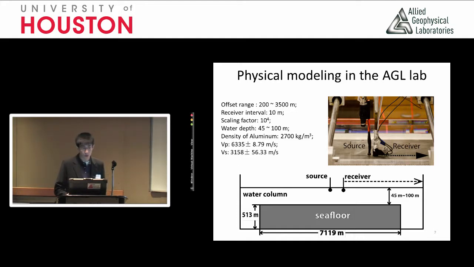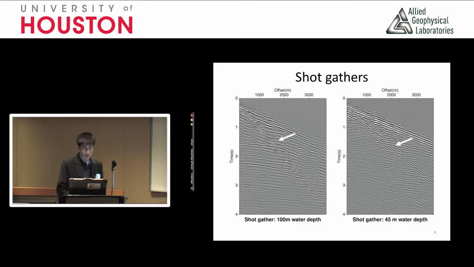So it's a 2D survey line. And the offset is 3,500 meters over here. And we test two different water depths over here. One is 45, another is 100. And we acquire these two shot gathers. One is a 100 water depth, and another is a 55-meter water depth.